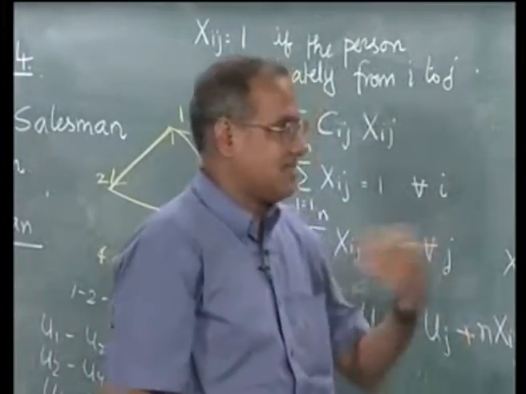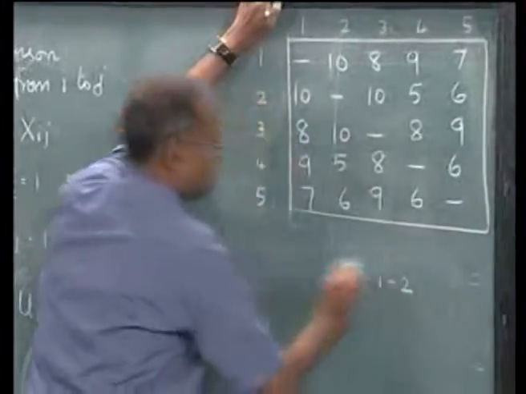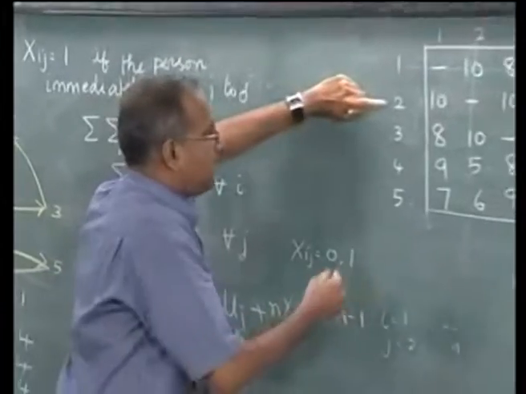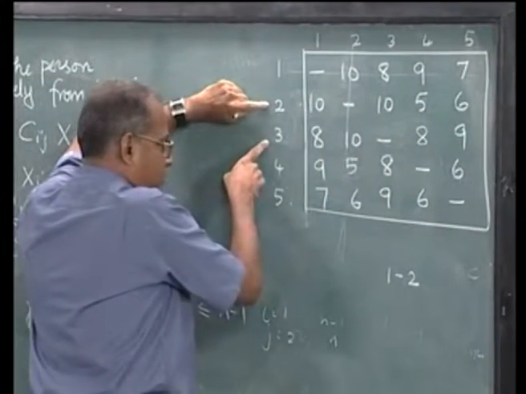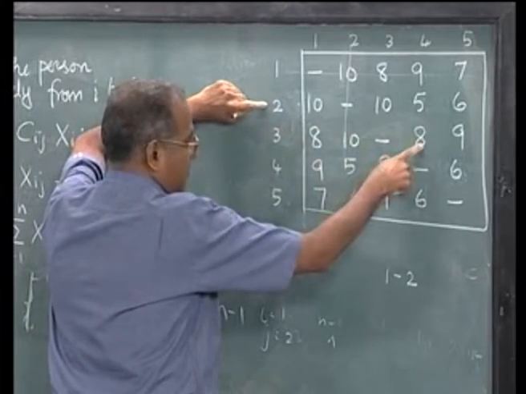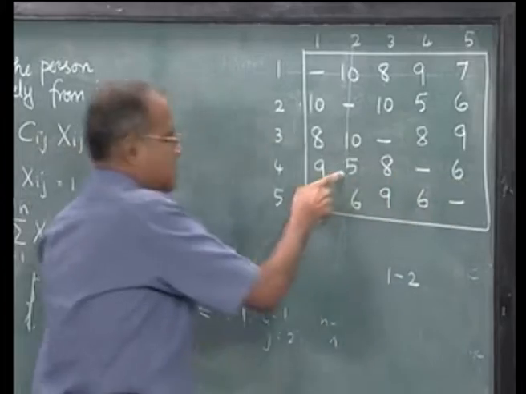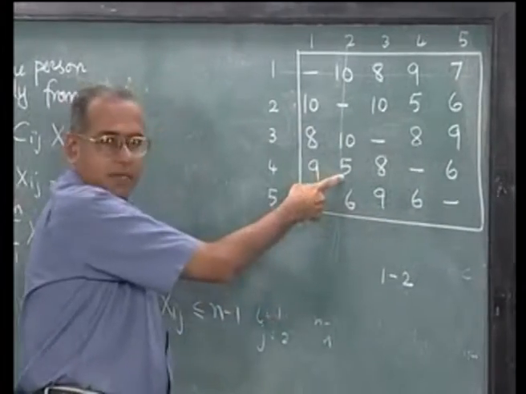The motivation is that the person already goes from 1 to 2. So, in order to go from 2, the person has to travel a minimum of 5. In order to go from 3, the person has to travel a minimum of 8. Here a minimum of 6. This is not counted because the person has already reached 2. So, this should not be considered.